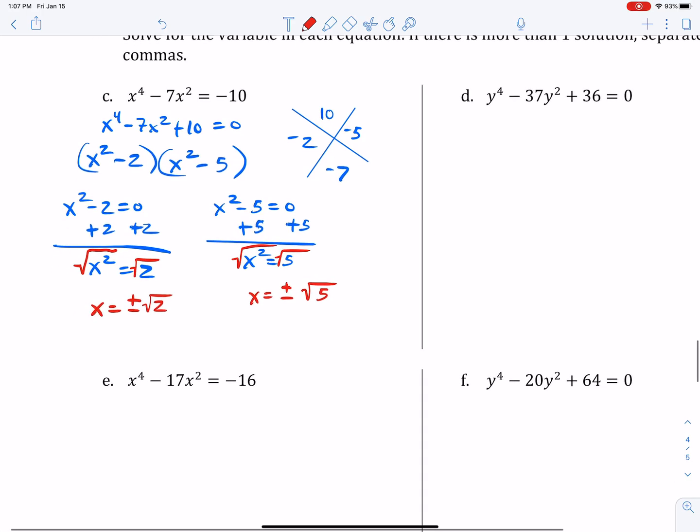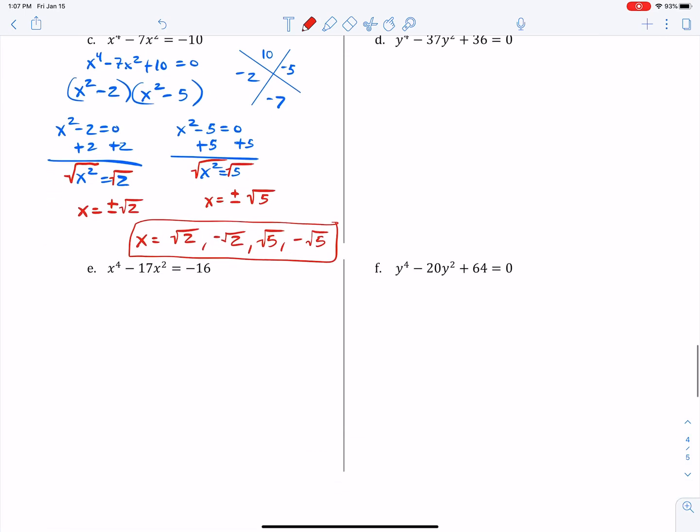So your solution for x is the square root of 2, negative the square root of 2, square root of 5, negative square root of 5. And that's going to be your solution.